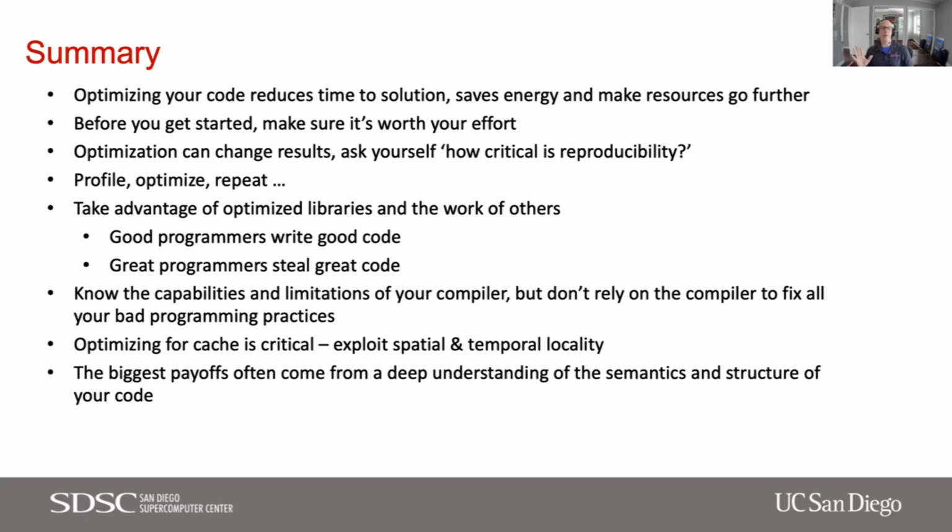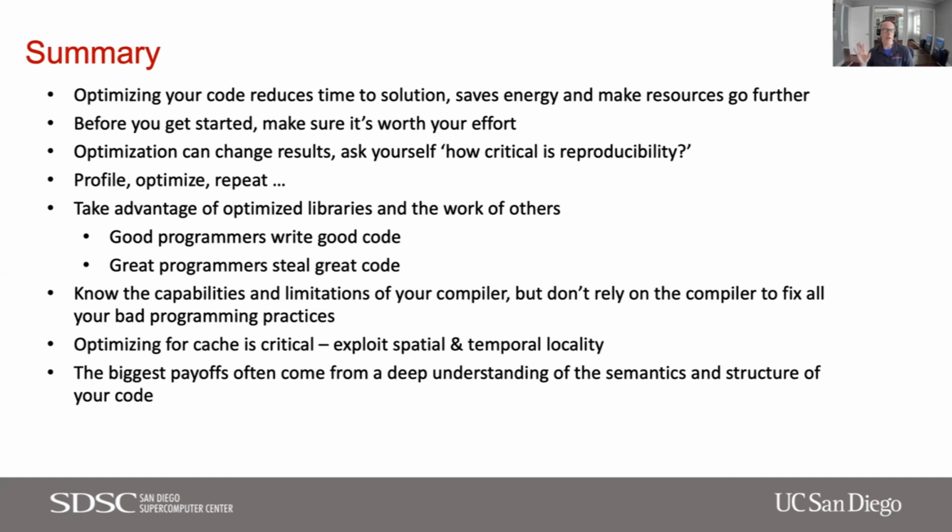Take advantage of those optimized libraries and the work of others. There's a mantra in software development: good programmers write good code, great programmers steal great code. So if somebody else has written something for you already, if there's a library for Fourier transforms or eigenvalue solvers or linear algebra, go ahead and use that.